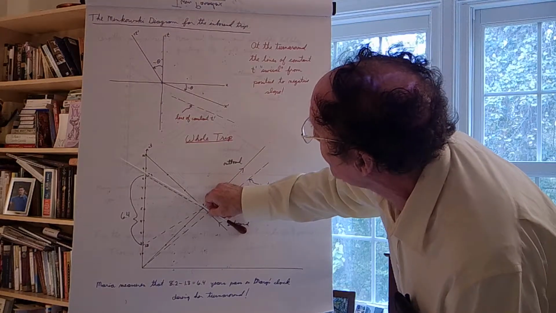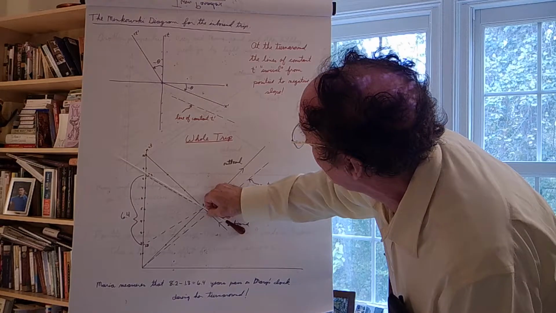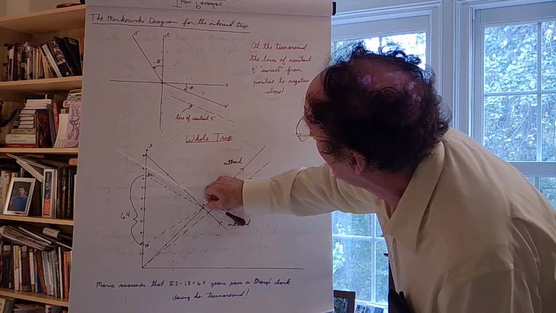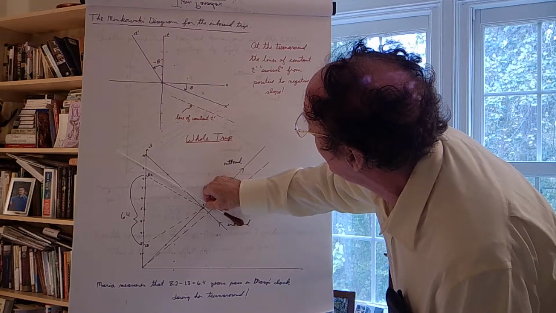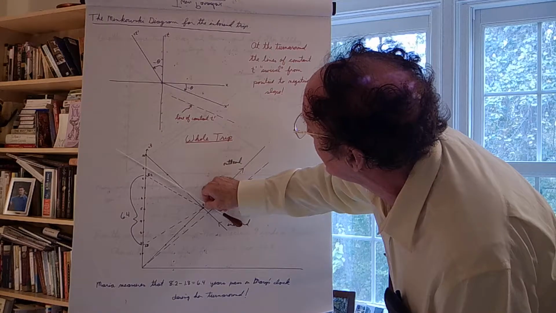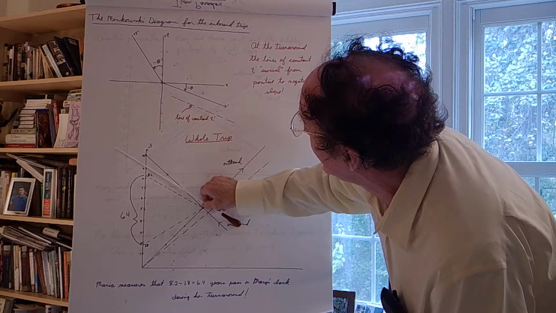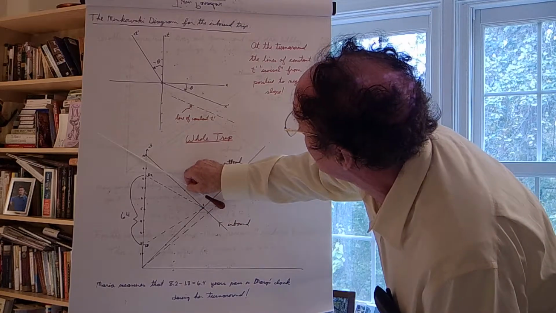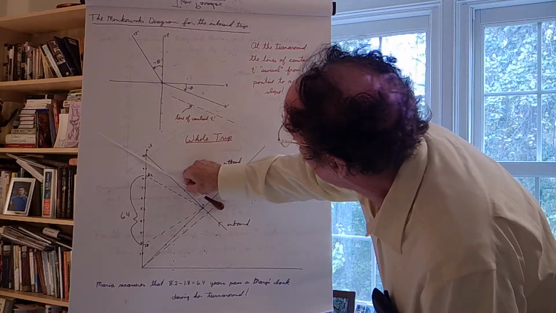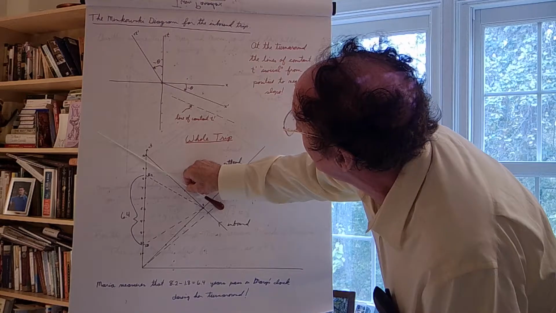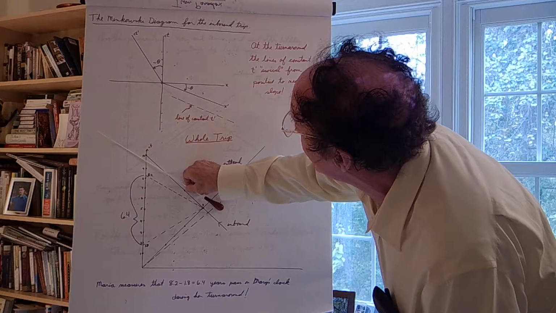to the time 8.2. And then the next year, when I get to year 4 on Maria's clock, it corresponds to this line, and then at the next year, year 5 on Maria's clock, it corresponds to this line.